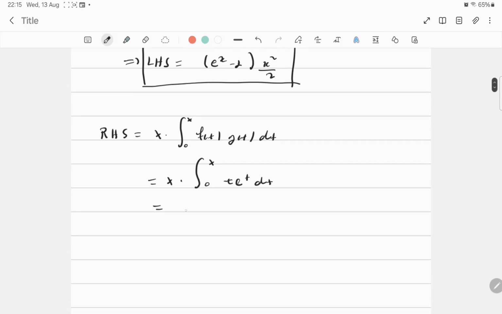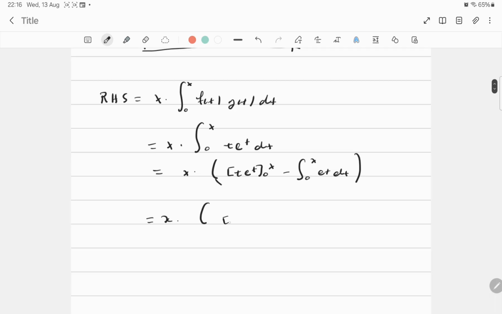I need to do integration by parts here. So I'm going to have t e to the power of t from 0 to x minus the integral from 0 to x of e to the power of t dt. That's x e to the power of x minus 0 times e to the power of 0, minus e to the power of x minus 1.